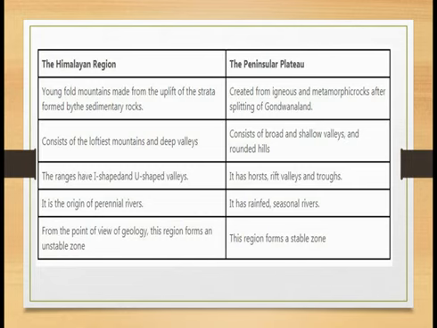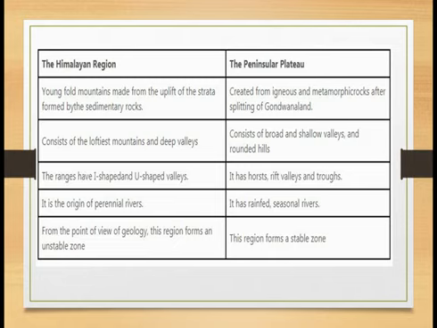What about the peninsular plateau, created from igneous and metamorphic rocks after the splitting of Gondwana land? Here we already know about the volcanic eruption and how the peninsular plateau is formed. The Himalaya consists of lofty mountains and deep valleys, while the peninsular plateau consists of broad and shallow valleys and rounded hills.